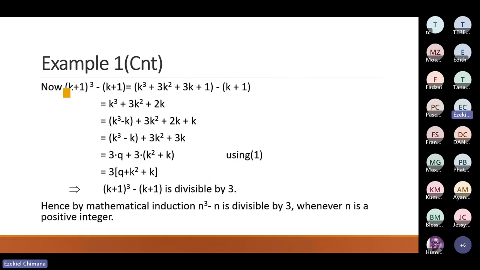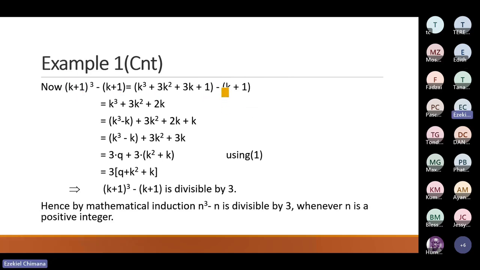How do you go about this one? On the one that we have with k plus 1, we have k plus 1 to the power 3 minus k plus 1. If you expand this, you are going to have k cubed plus 3k squared plus 3k plus 1 after expanding k plus 1 cubed.